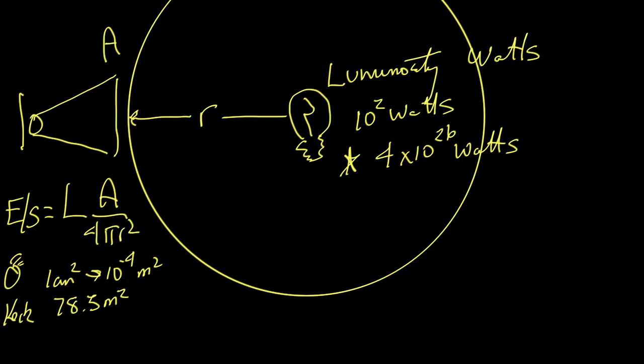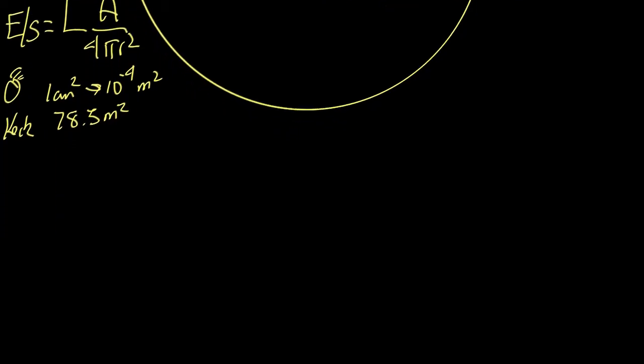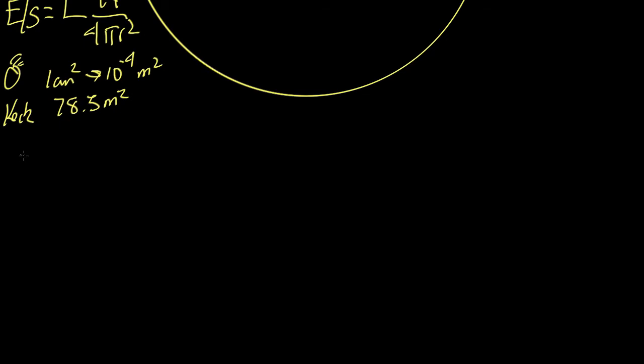So to get around the fact that we have different sized telescopes, astronomers come up with something known as flux. So flux is energy per unit area. So the flux of an object, if I want to know its energy per unit area, is then the luminosity of the light bulb divided by the area that the light is spread out over, and that's just the surface area, so 4 pi r squared.